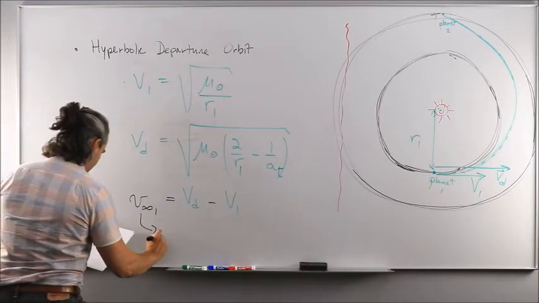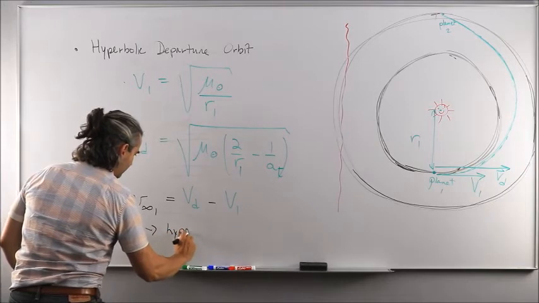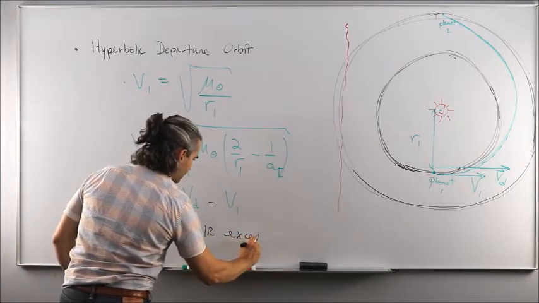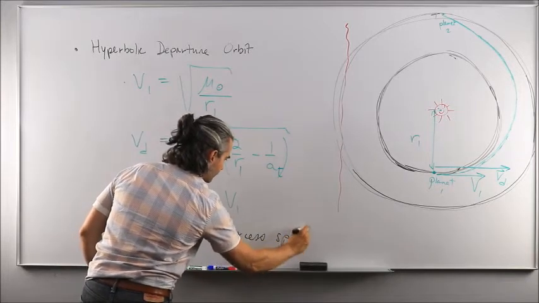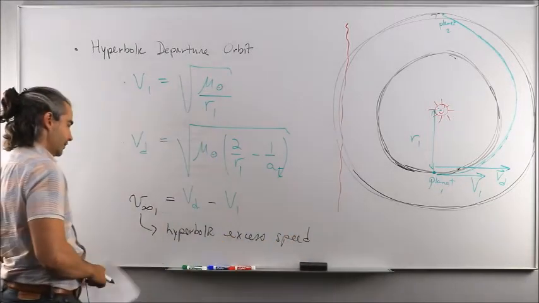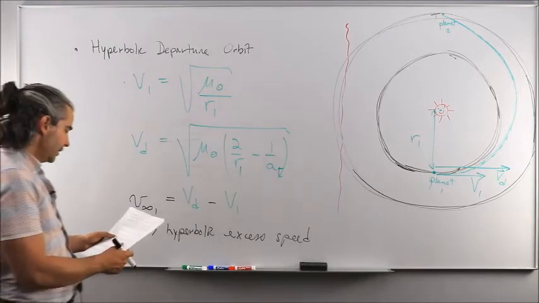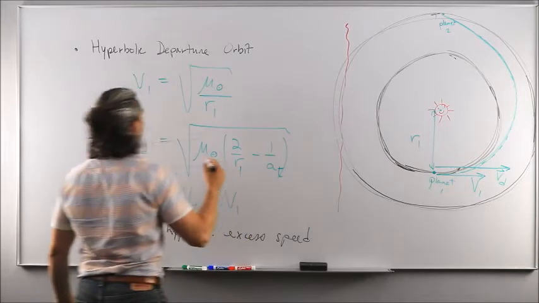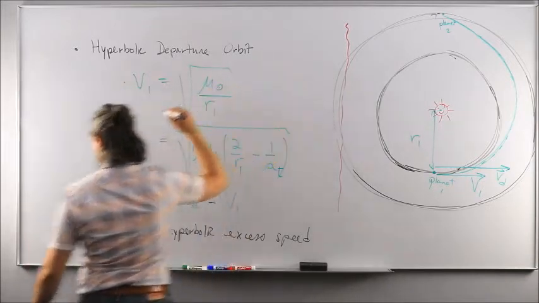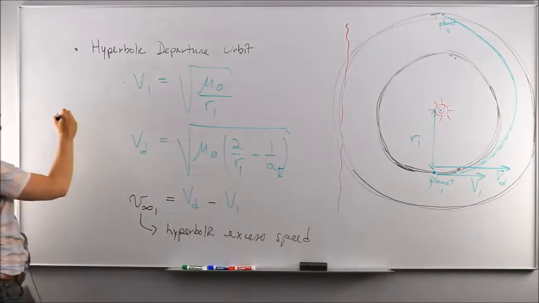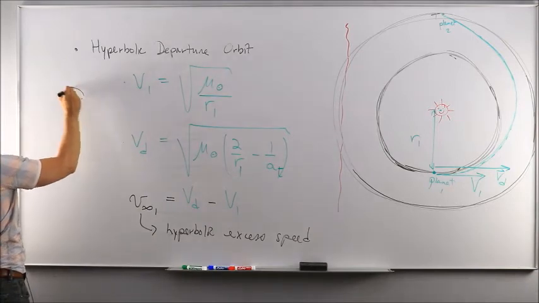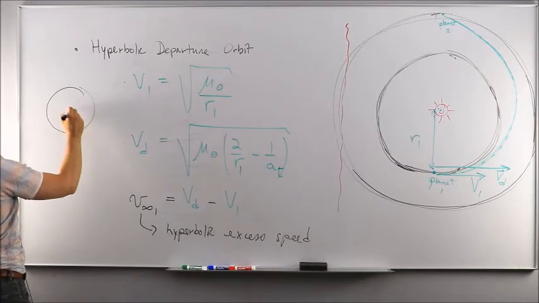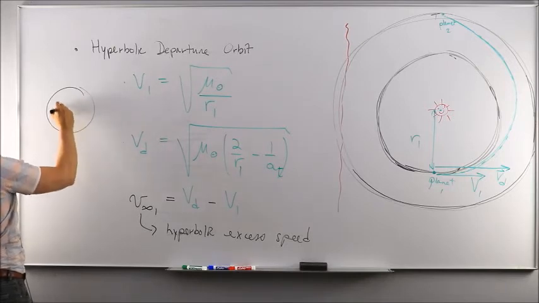And this is known as the hyperbolic excess speed with respect to the planet, okay? So this is the speed that the spacecraft will have, yeah, it's right here, whenever it exits the sphere of influence of planet 1.